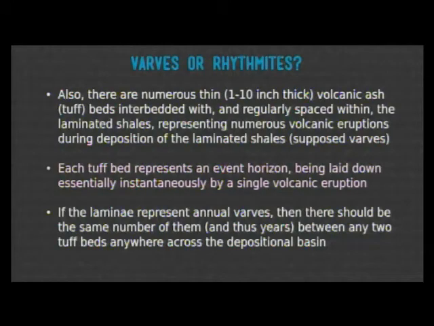Also, there are numerous thin volcanic ash beds between some of these so-called varves, regularly spaced between these laminated shales. These represent numerous volcanic eruptions. Now, each volcanic eruption, and therefore each volcanic ash bed, corresponds to a single event. We call that an event horizon.